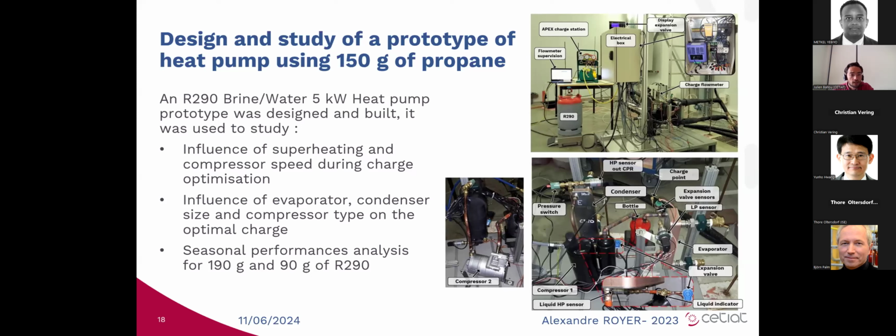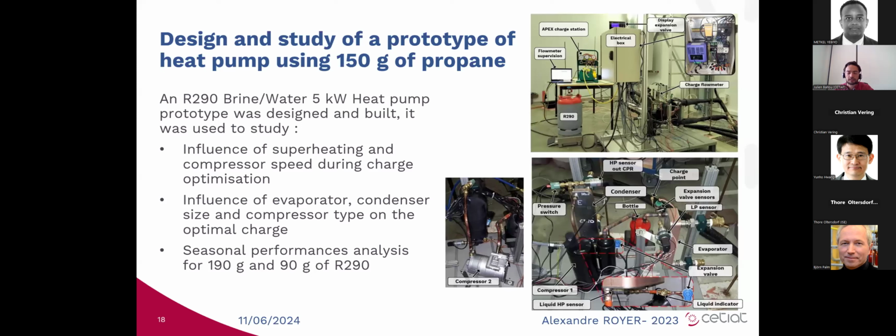So on this prototype, there were a few parameters that were studied. First, the influence of superheating and of the compressor speed. And also there were a few tests on the components because there were 2 compressors that were used, and also a few different condensers and evaporators.